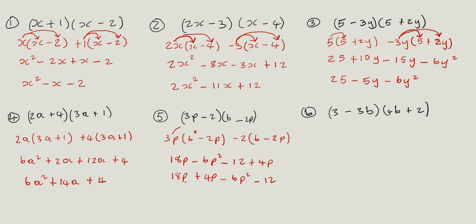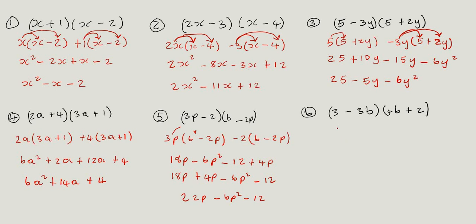So this will combine to give us 22p, and put back all the other terms, which is minus 6p squared, minus 12. Now you can always rearrange it if you want, but you can leave your answer as that. Alright?